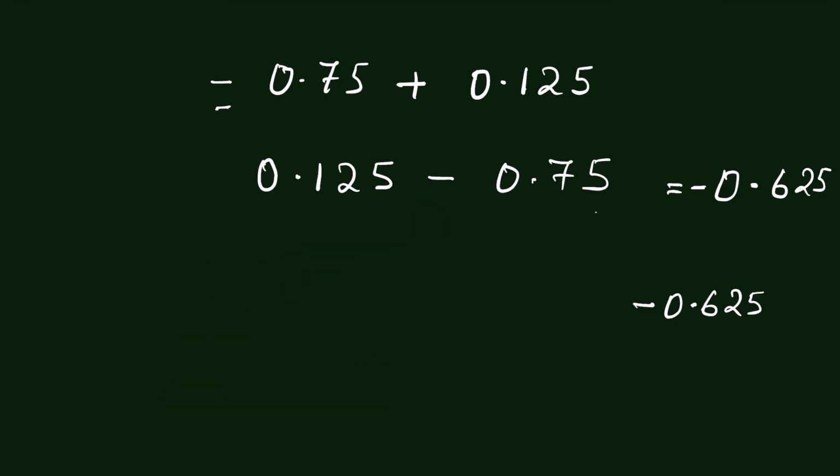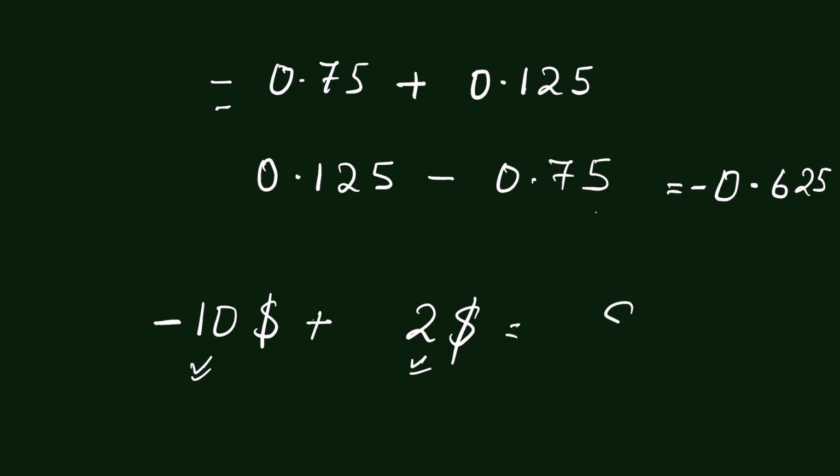To further clarify it, understand it in this manner. Consider that you have a $10 debt. You have borrowed $10 from someone and you want to return the money, but you have only $2 to return. You are in debt, that means $10 is the negative balance. If you give back them $2, then the remaining debt will be $8.